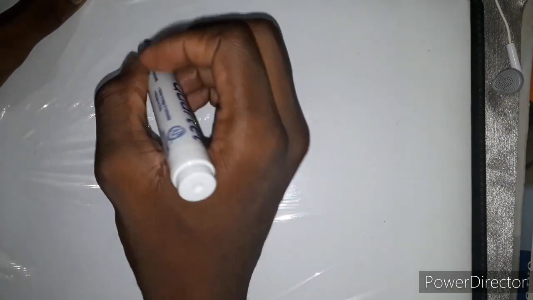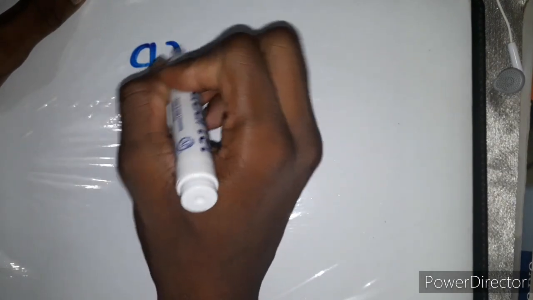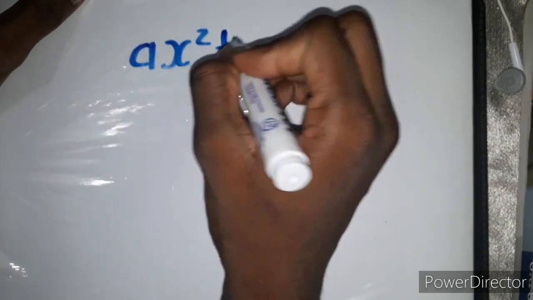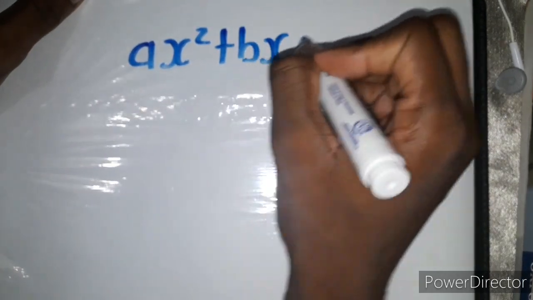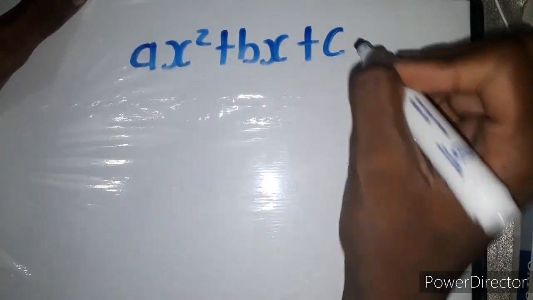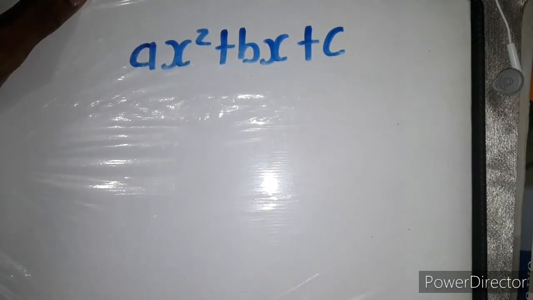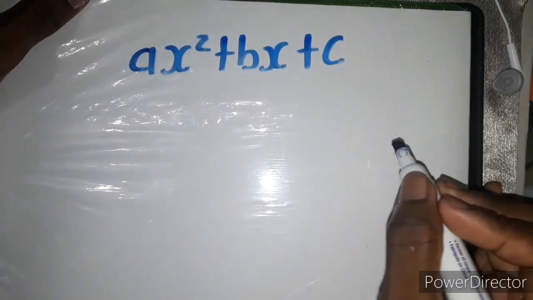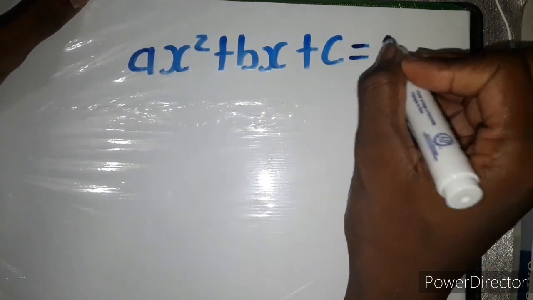Now, just like a quadratic expression, the general form for a quadratic equation is ax squared plus bx plus c. This is the general form for the expression, but the equation will be equal to 0.